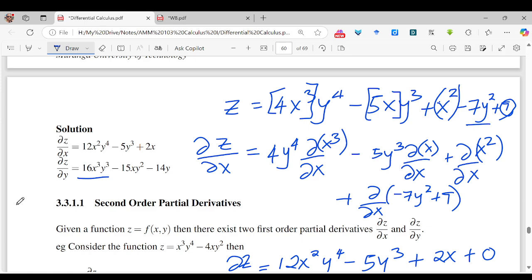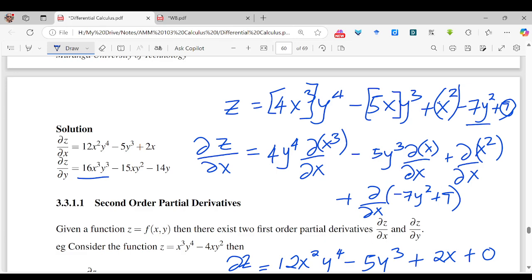So basically, that is how we find the partial derivatives. Notice that the rules of differentiation remain valid. The only difference is that there is an assumption we are taking.